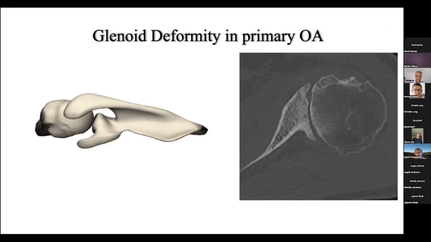One of the most important challenges in anatomical arthroplasty is glenoid deformity. And as we heard from the first speaker, in primary osteoarthritis, the glenoid tends to wear out posteriorly. Sometimes this results in really difficult deformities in rather young patients.